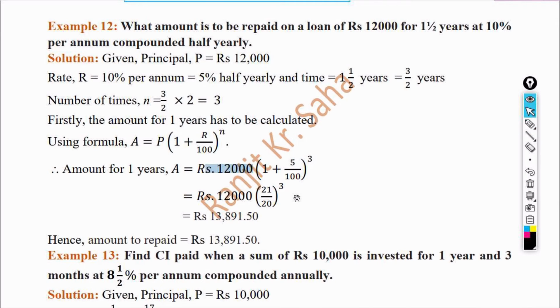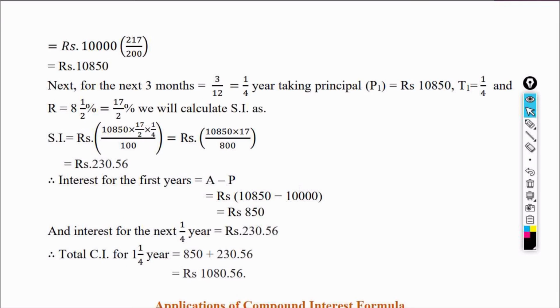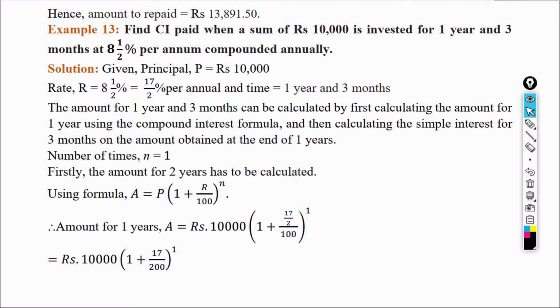Let us solve example number 13. Find the compound interest paid when a sum of rupees 10,000 is invested for 1 year and 3 months at 8.5% per annum compounded annually. Here the case is slightly different, and here you have to compute per annum. That means we need not change the rate of interest by 2, that is 8.5, equal to 17 by 2% per annum.